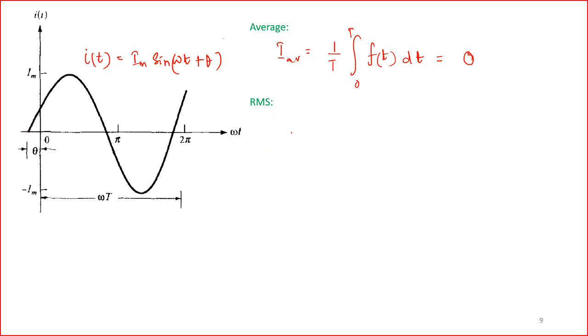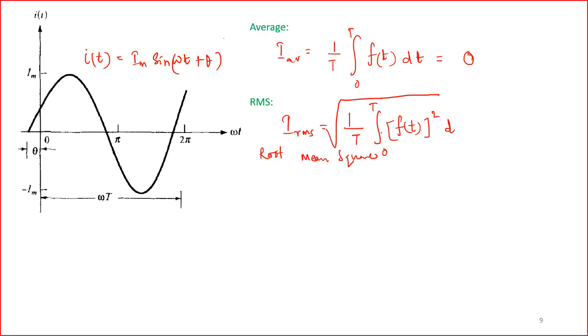Now if we find the RMS value, RMS is your root mean square, right? Root mean square value. The formula is square root of 1 by T integration 0 to T f(t) square dt. Therefore it is called root mean square, right?